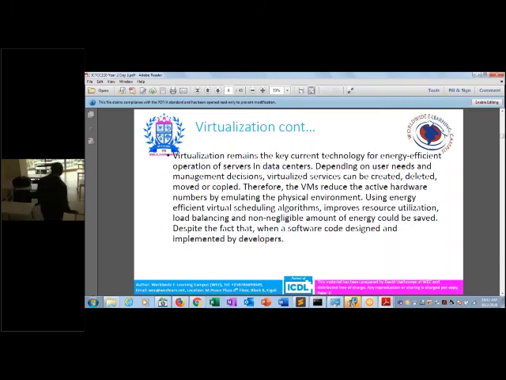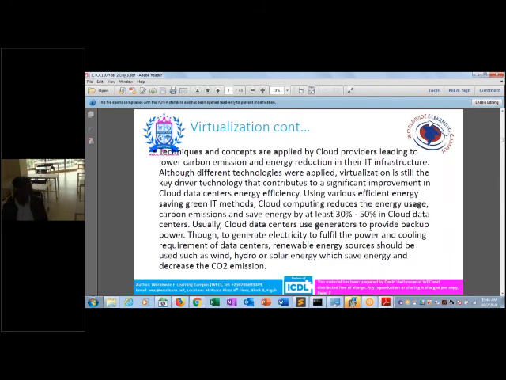So techniques and concepts are applied by cloud providers, leading to lower carbon emission and energy reduction in their IT infrastructure.